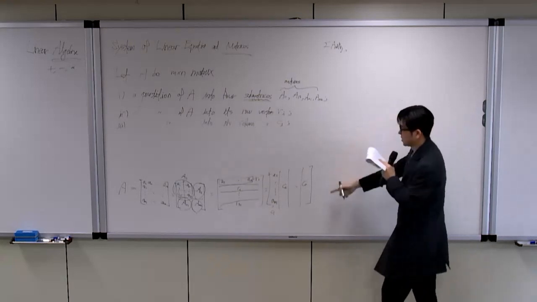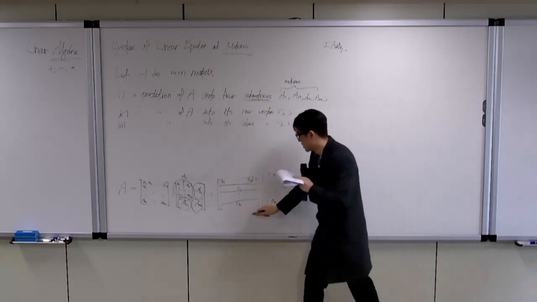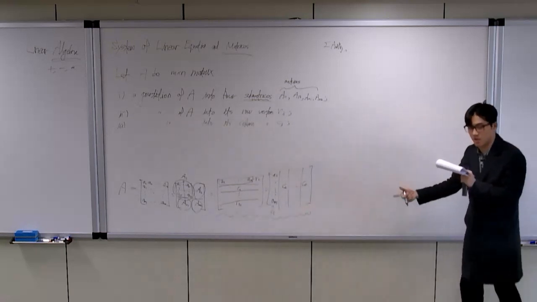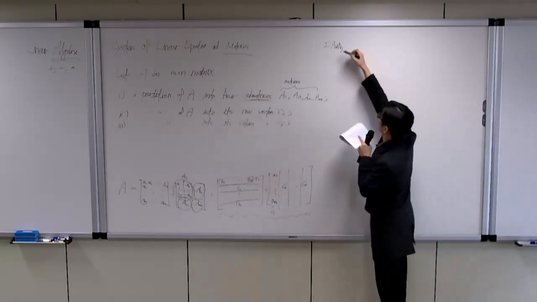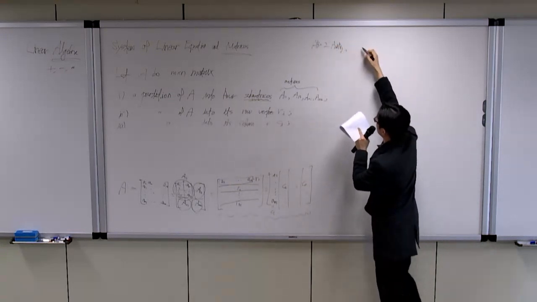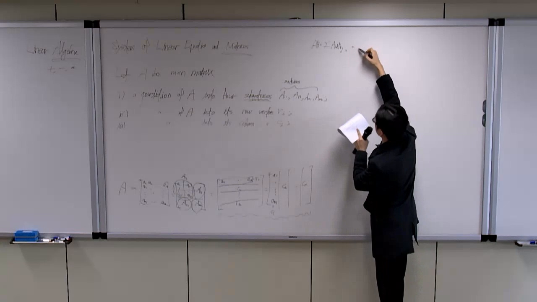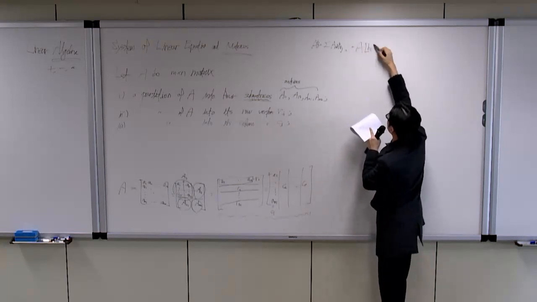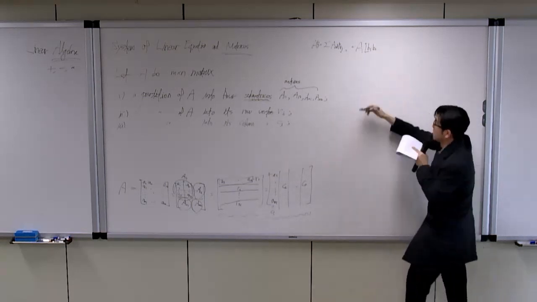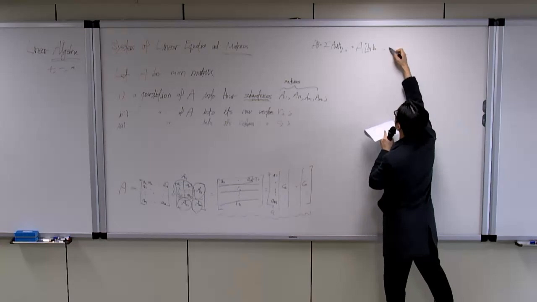And by using this form, especially the row form or column form, we can denote it as A times the column form of B.